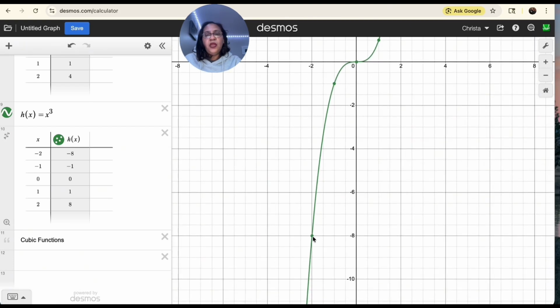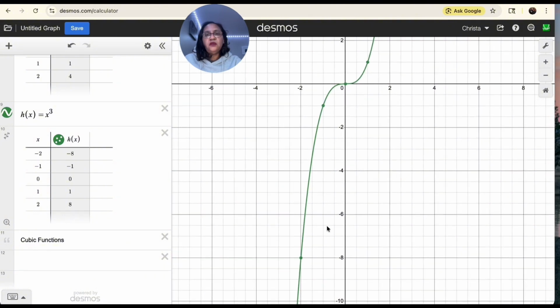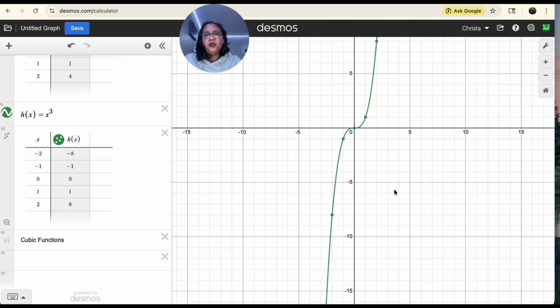Okay. So now I can see what happens at -2. Remember, we could label, but I'm also going to see if I can zoom out a little bit and you can see them all. Now, if you can describe, especially the parabola, x squared, and you can describe what happens here.